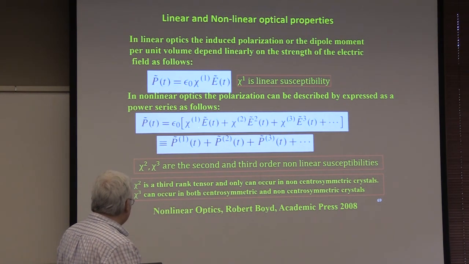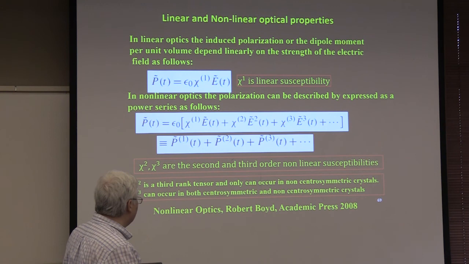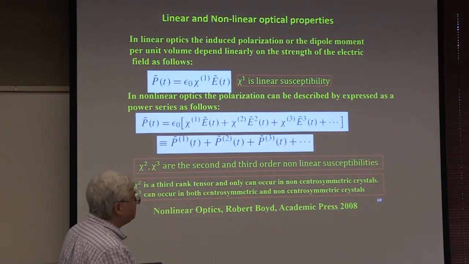Chi2 and chi3 are called the second and third order nonlinear susceptibilities. The second order nonlinear susceptibility is very closely related to what is called second harmonic generation.